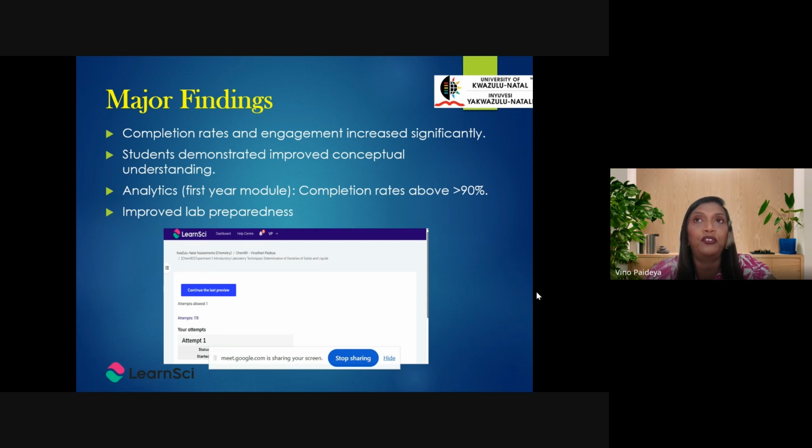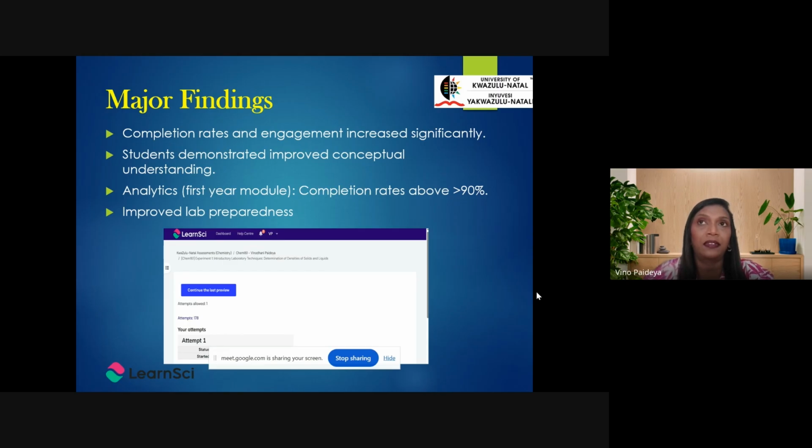Why does a small number of students not attempt it? This is something that we're working on, and it could be for several reasons. And believe me, there are some instances where we do get 100% response rate, which is great.